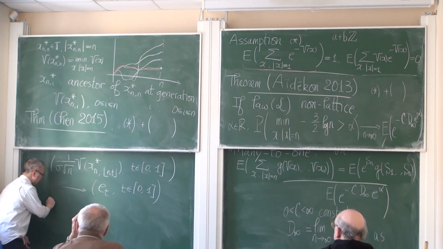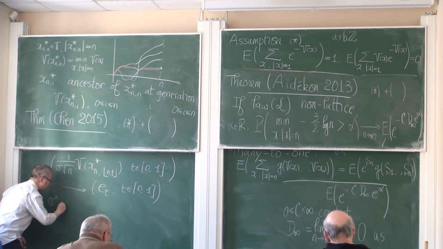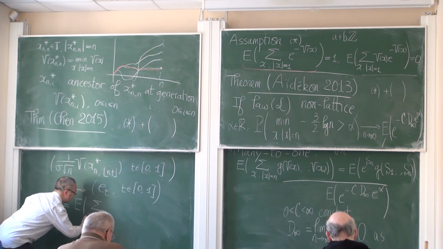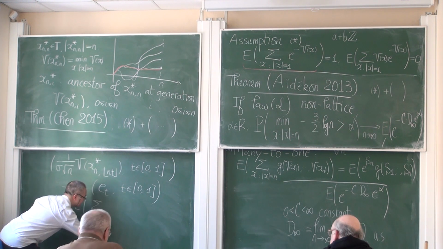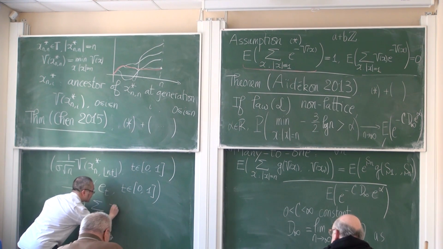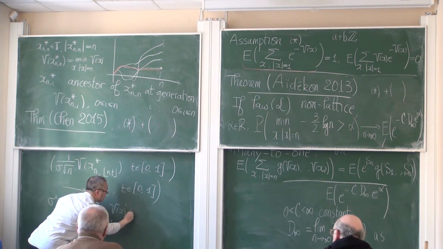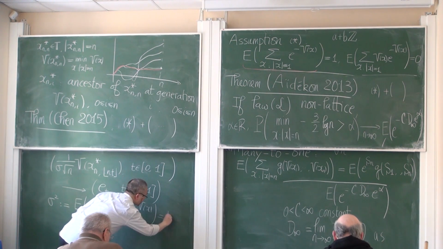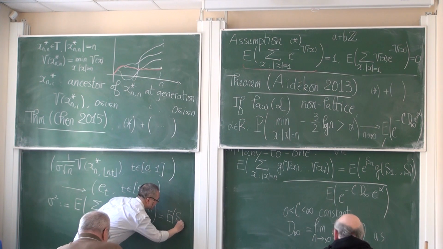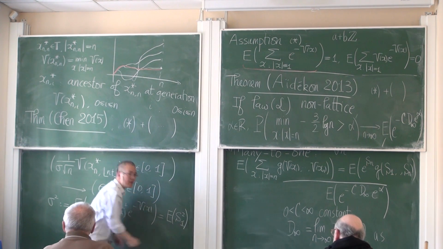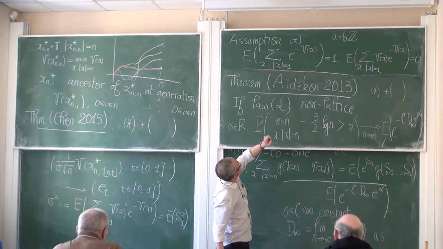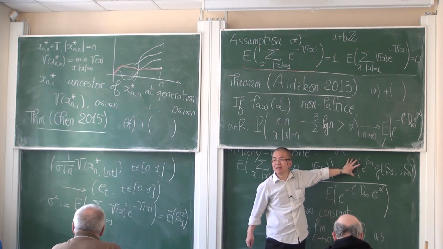So here, sigma squared is defined as the expected value of the sum over everybody in the first generation, V(x) squared, e to the minus V(x). Actually, in our notation, this is the variance of the new random walk, which appears on the right-hand side of the many-to-one formula.